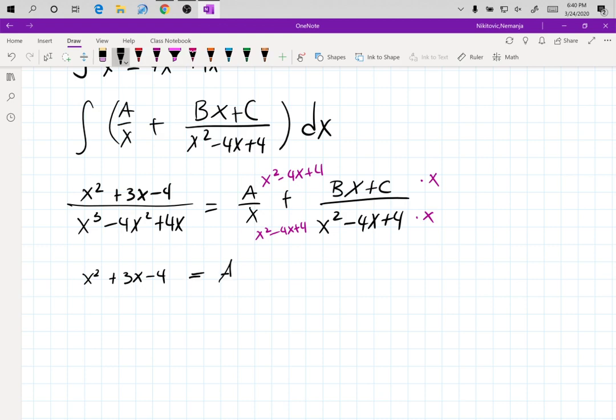We have ax squared minus 4ax plus 4a plus bx squared plus cx. Hold on, there is a question in chat. I'm saying, doesn't the next factor work out? If it does, I'm going to start crying.